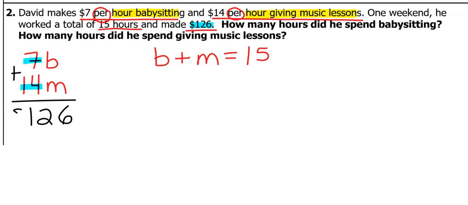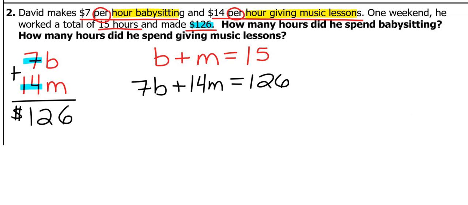So the 126, because it's the monetary amount, has to do with the 7 and the 14. So the second equation that we have going on here is $7 per hour babysitting plus $14 per hour giving music lessons earned him a total of $126.